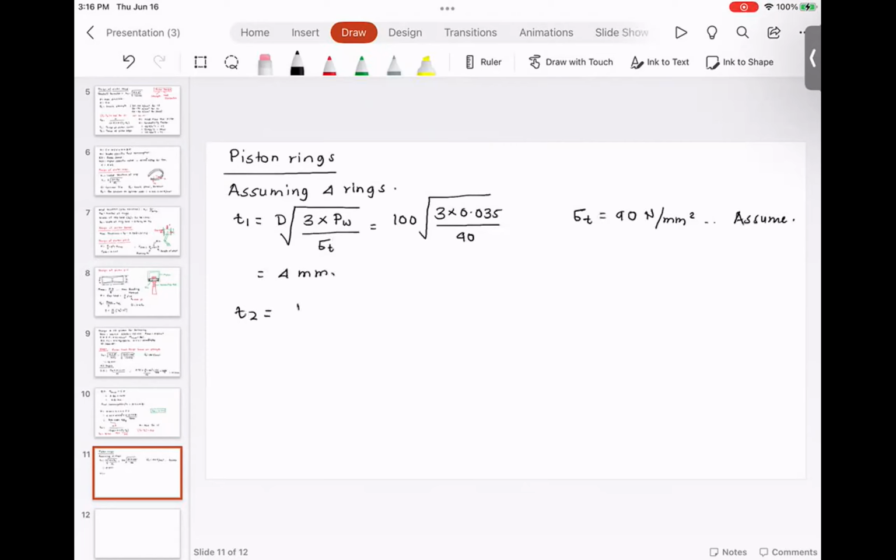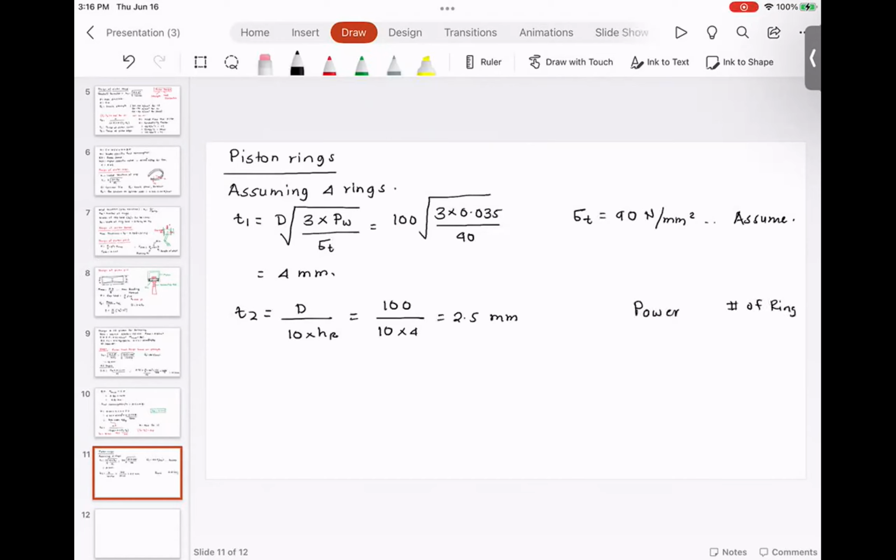T2 is T times 10 times an R, 100 divided by 10 times 4, 2.5 millimeter. So power and number of rings.